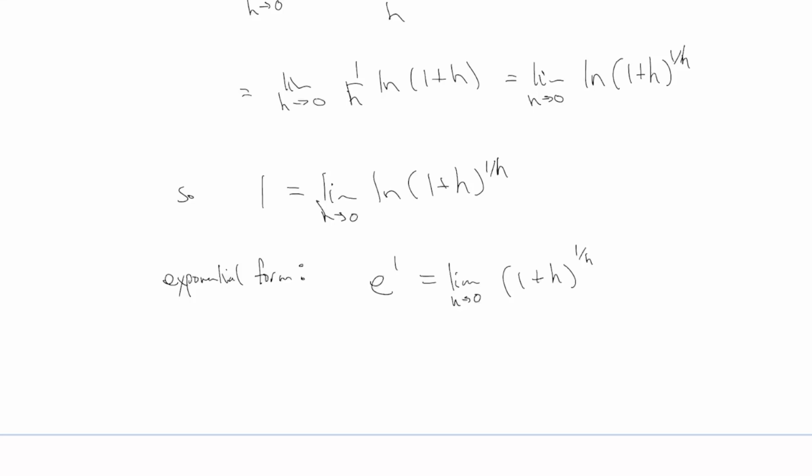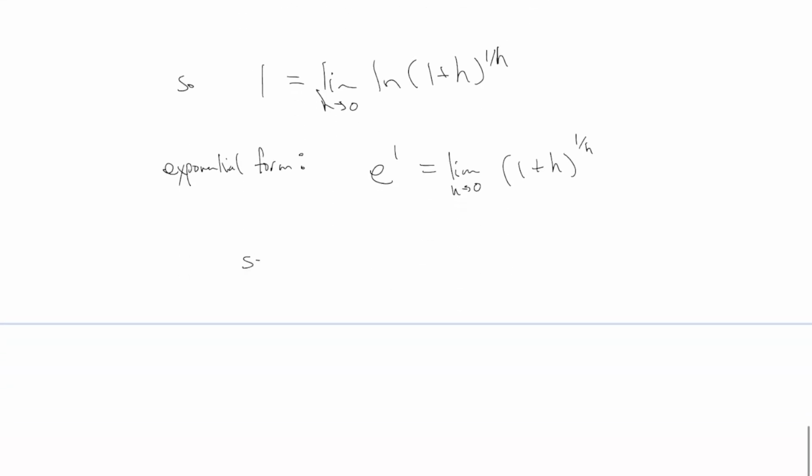And now, instead of h going to 0, I'm going to change h into 1 over x and make x go to infinity instead. So this is actually the same as e is the limit as x goes to infinity of (1 + 1 over x) to the x.